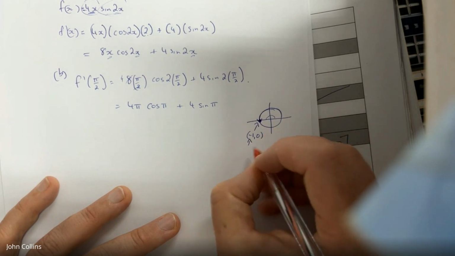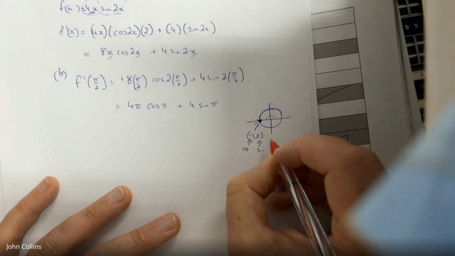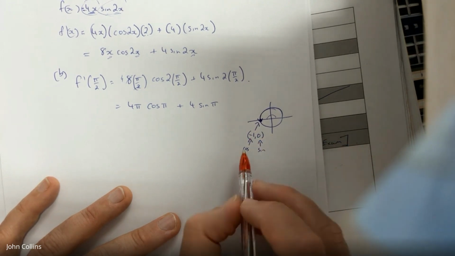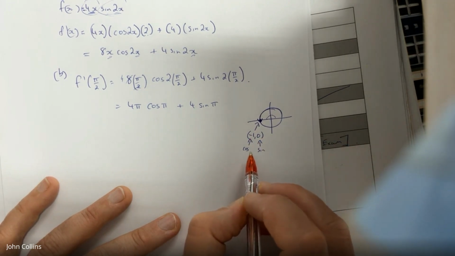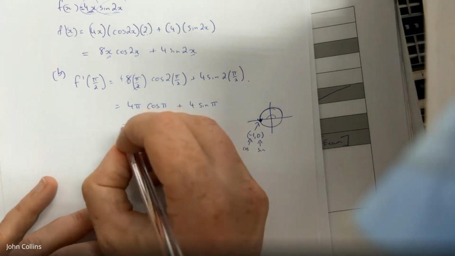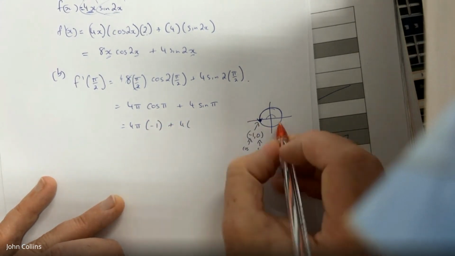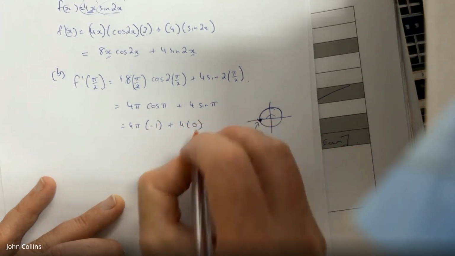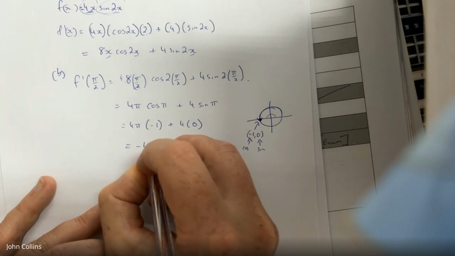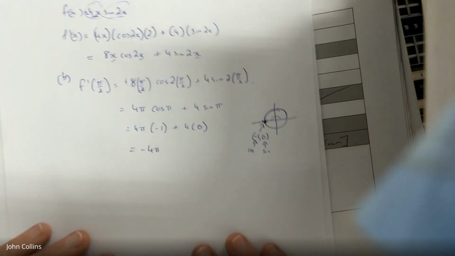So we should know that cosine and sine are the x and y axis. So cosine of pi, we just found, all the way around here, is at this point minus 1. So 4 pi times minus 1, and 4 sine of pi is 0. So my answer is negative 4 pi from this, and 4 times 0 is just 0.